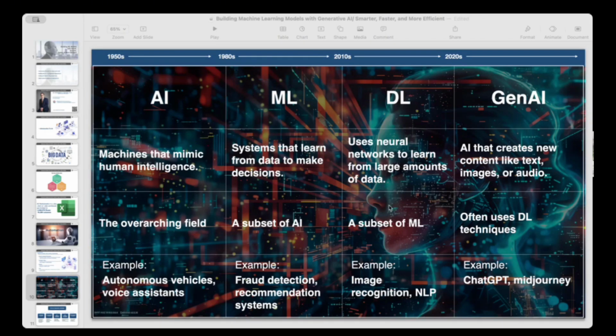Deep learning, DL, is a subset of machine learning. Generative AI is considered as using deep learning technologies. So let's look at them.